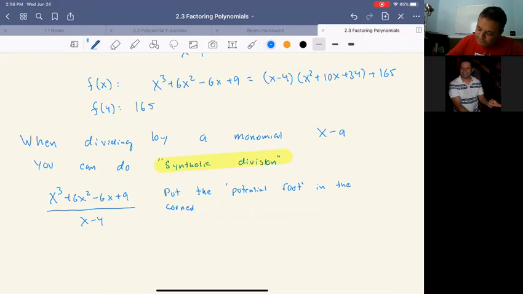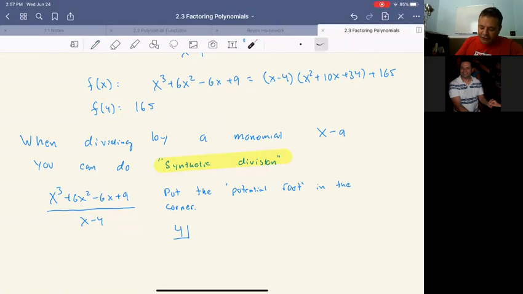Here, our potential root, since we're dividing by x minus 4, we're testing whether 4 is a root. So we're going to put 4 in the corner. Now we're going to put the coefficients along the top.